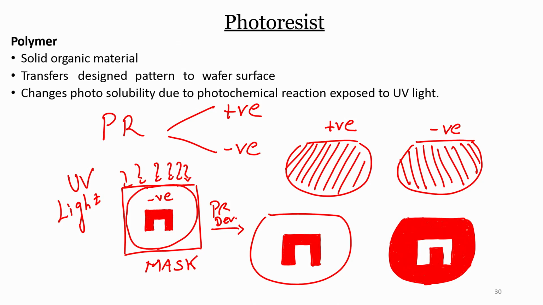Yeah, you see. So, if I use negative photoresist and I use this mask, then I obtain this kind of pattern, and this pattern means that the area which was exposed gets stronger and the area which was not exposed gets weaker.